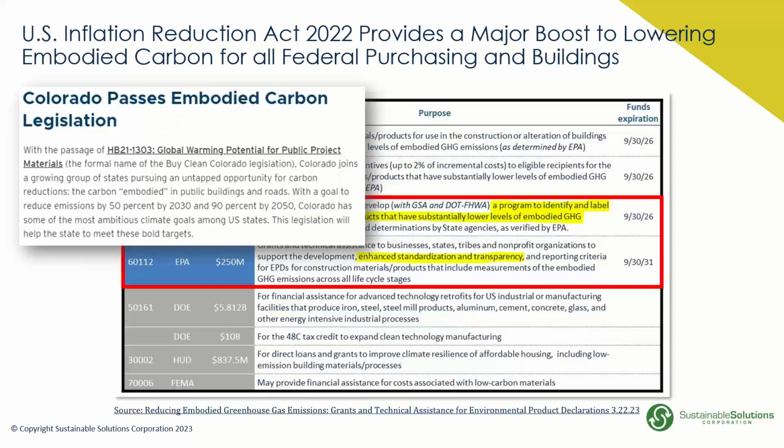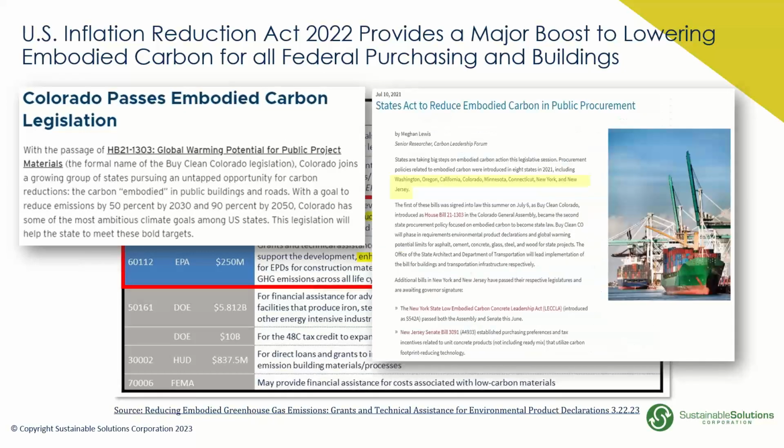We also saw in our previous webinars that there's states that are passing embodied carbon legislation around certain products and materials. Definitely, we're seeing concrete and glass and steel and wood and cement and asphalt and all kinds of different things that are getting focused on in these state requirements, which means that companies have to do EPDs.